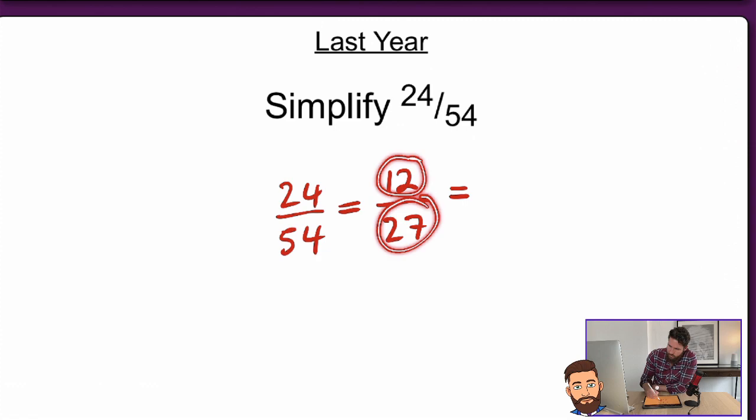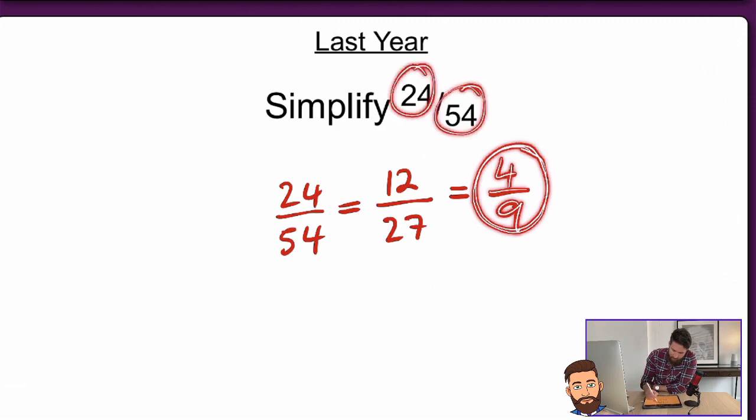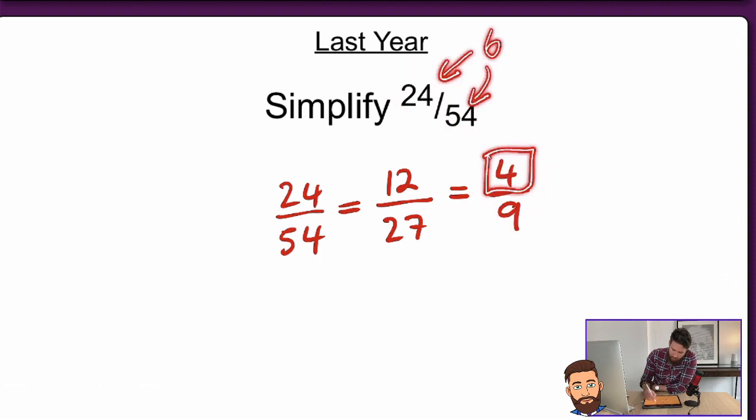That would be 3. 3 goes into 12 4 times, 3 goes into 27 9 times. So our answer to this one would be 4/9. Alternatively, you could spot that 4/9 could have come from realising that the biggest number that goes into both of these is 6. 6 goes into 24 4 times, and 6 goes into 54 9 times.